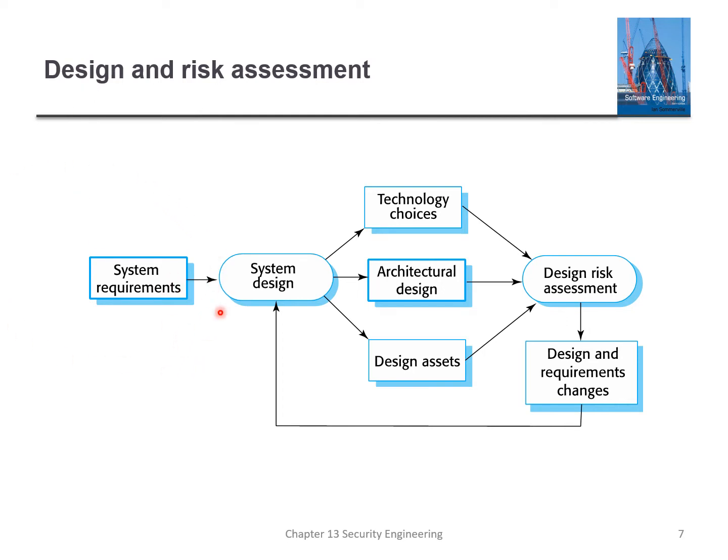Where we have already the system requirement defined earlier. So this is the process during design. Because we have more information, we have more choices of the technology available that we can choose to support the system requirement. The same goes for the architectural design. Maybe there are several architectural designs available to support the security requirement.